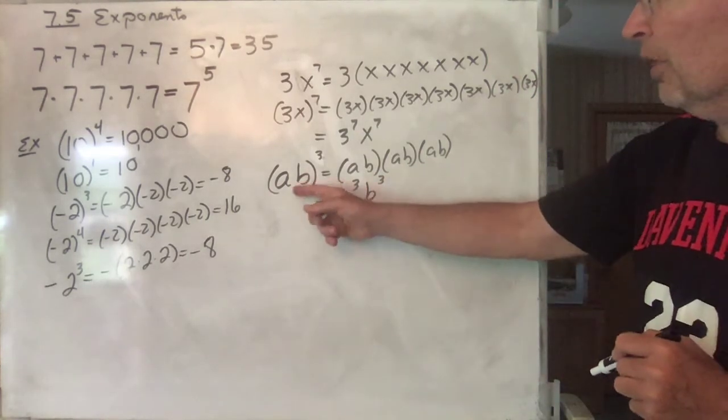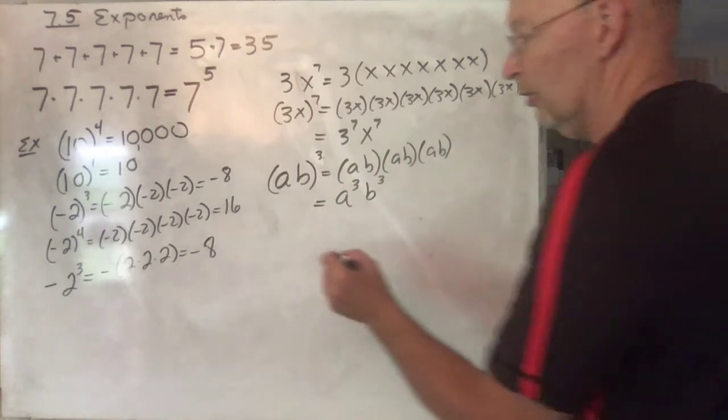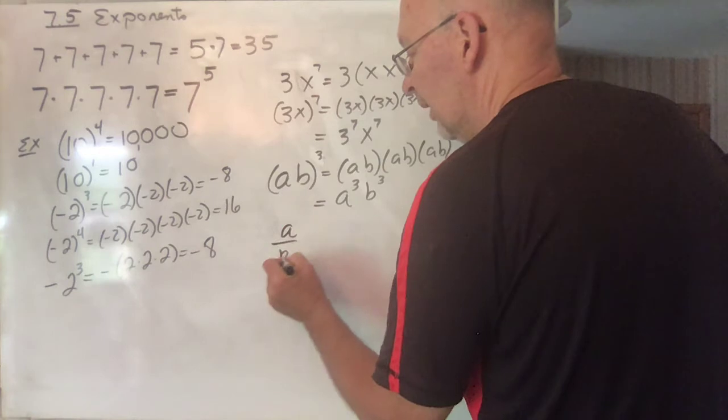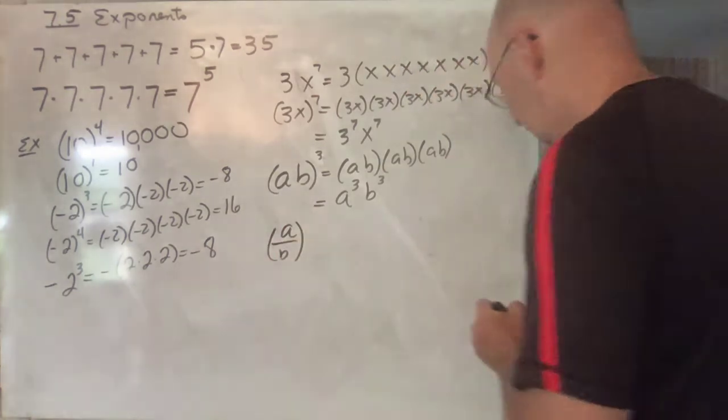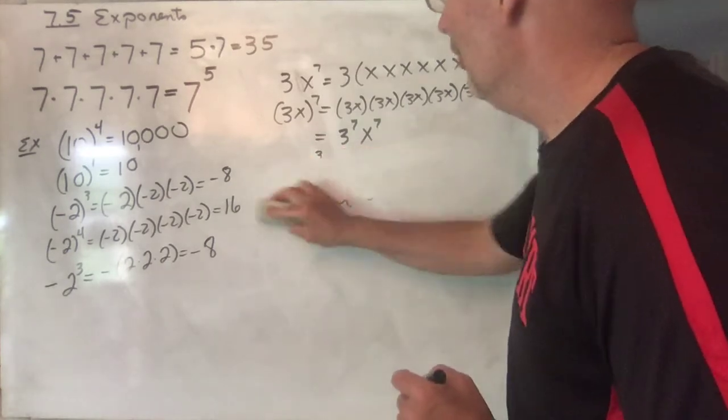So when you have the product of things all cubed, it's the first thing cubed times the second thing cubed. Similarly, if you have a divided by b, well, we'll get into that later, I guess. Okay. So anyway, very good.